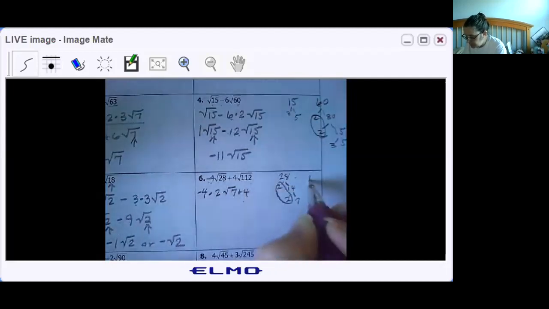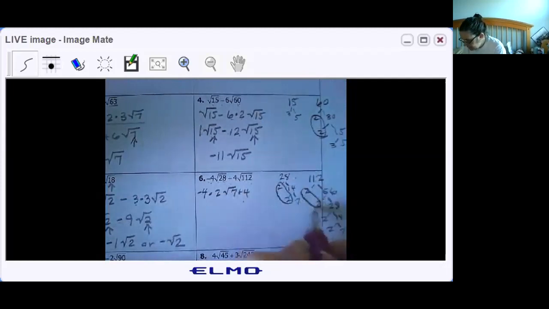Now, 112. It's an even number, which means it can be divided by 2. 2 goes into 11 5 times, 2 goes into 12 6 times. Okay, it's 56. And then 2 goes into 56 28 times, and 2 goes into 28 14 times, and 2 goes into 14 7 times. So let's see.